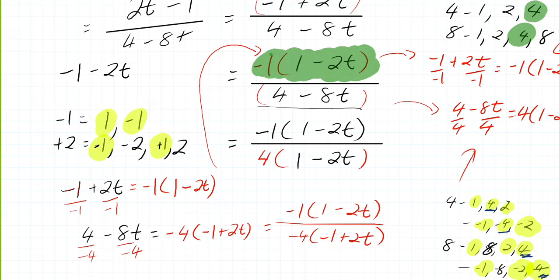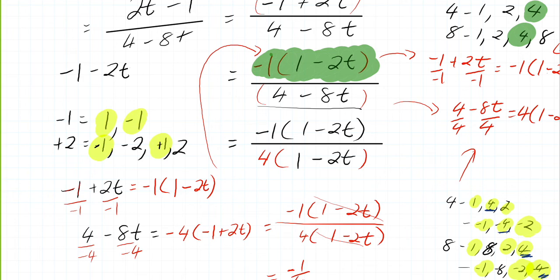But if I'd actually factored out a +4, that would change the two signs in here. This would become positive, and this would become negative. And when that happens, take a look at those brackets. I can factor out those brackets now. So when I factor out the brackets, I'm left with -1 over 4.